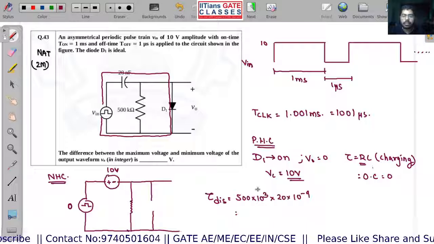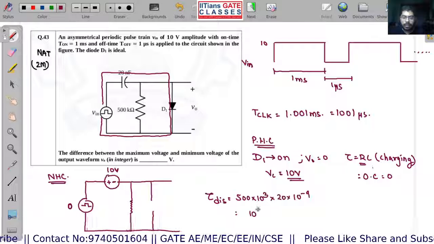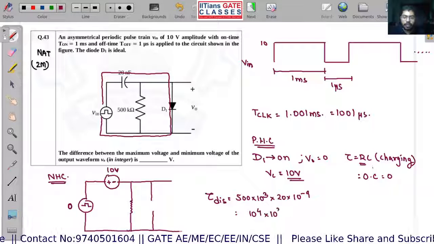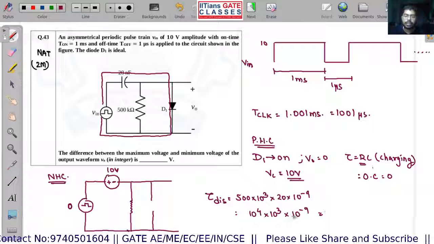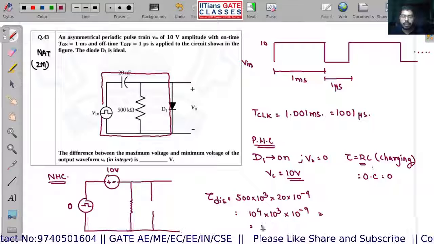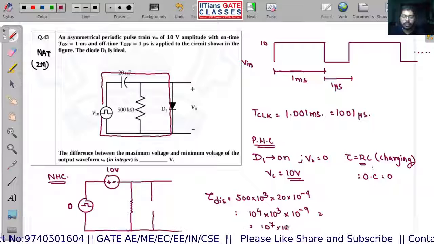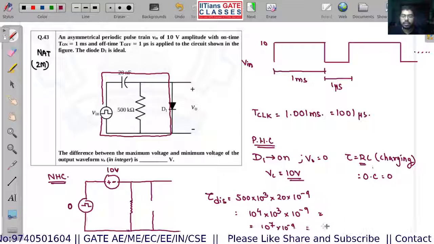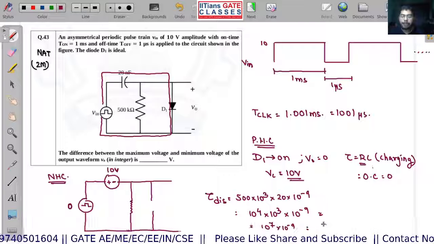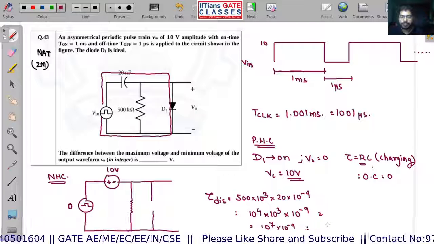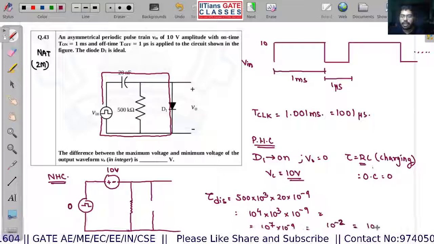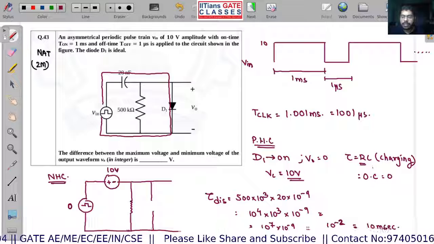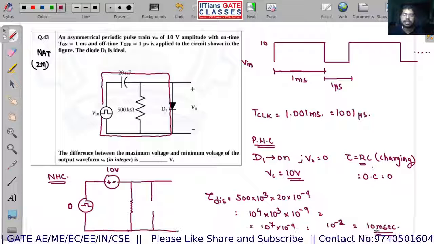So this comes out to be 10 to the power 4 into 10 to the power 3 into 10 to the power minus 9, which is 10 to the power 7 into 10 to the power minus 9, or 10 to the power minus 2, that is 10 millisecond.